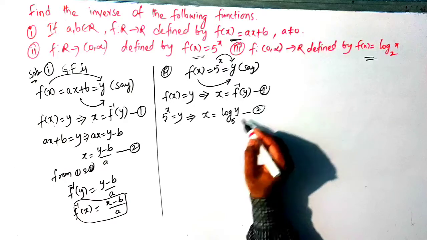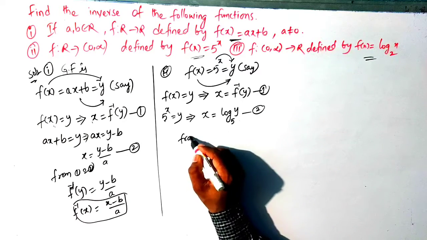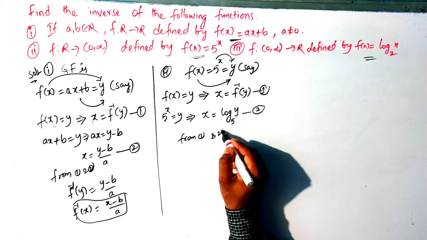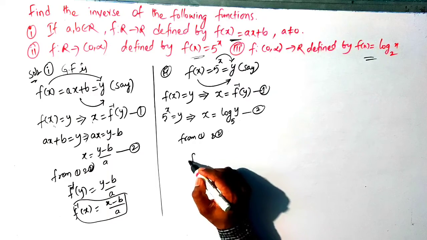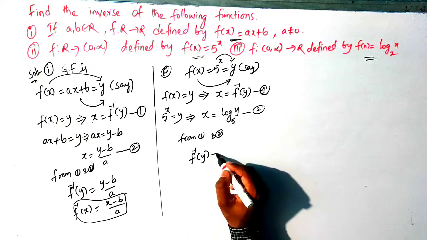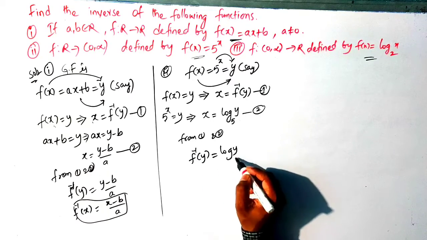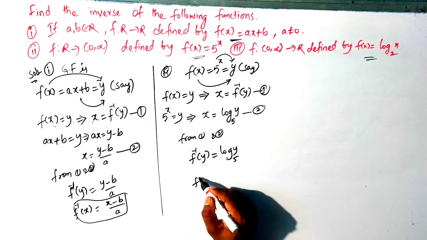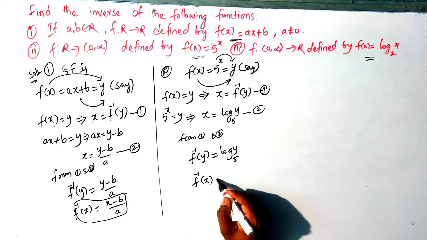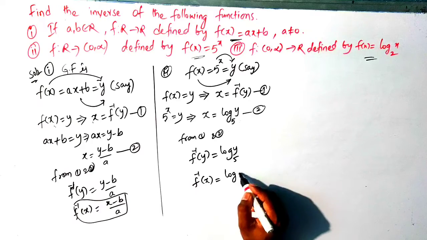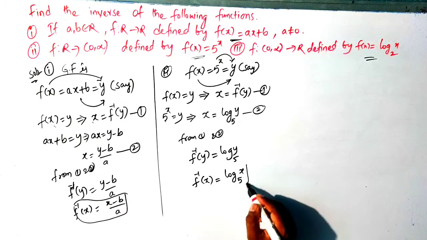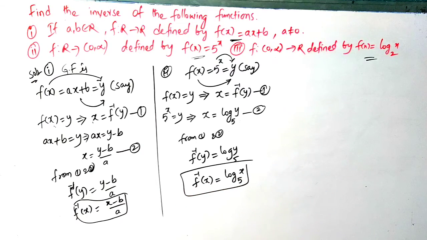This is equation number 2. From 1 and 2, f inverse of y equals log y base 5. So in terms of x, f inverse of x equals log x base 5. This is the inverse of the given function.